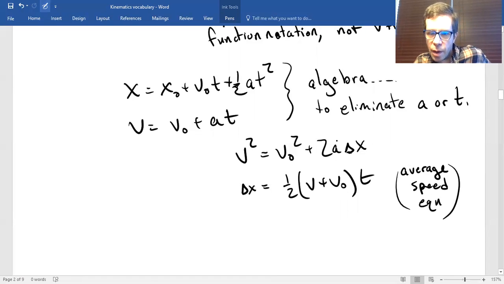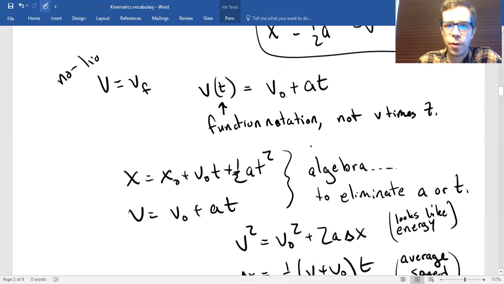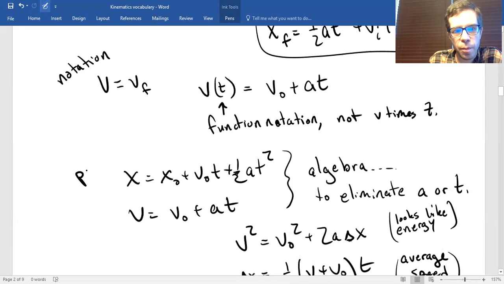The other equation, you can talk about it in terms of energy eventually. It looks a lot like energy when we fiddle around with some of the variables, and we'll do that when we get to the chapter on energy. But I generally just refer to it as the v squared equation. This one I call the position equation.